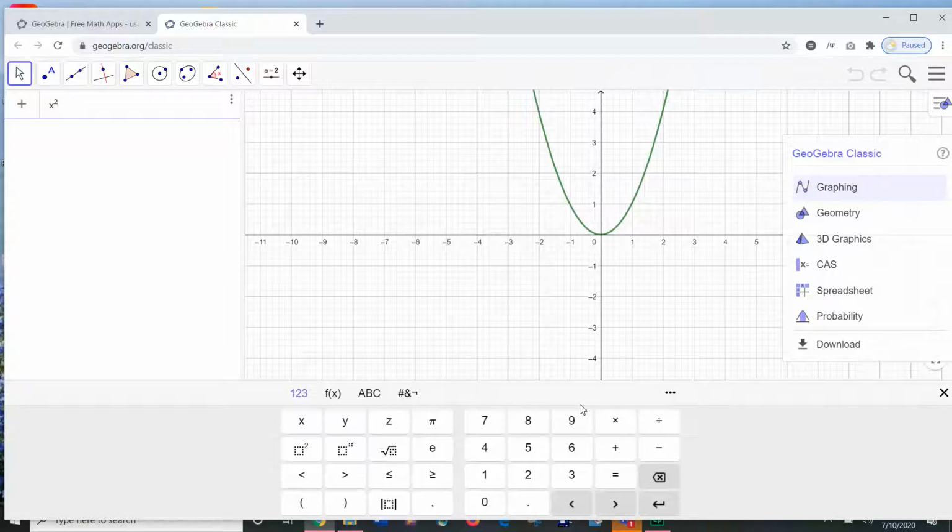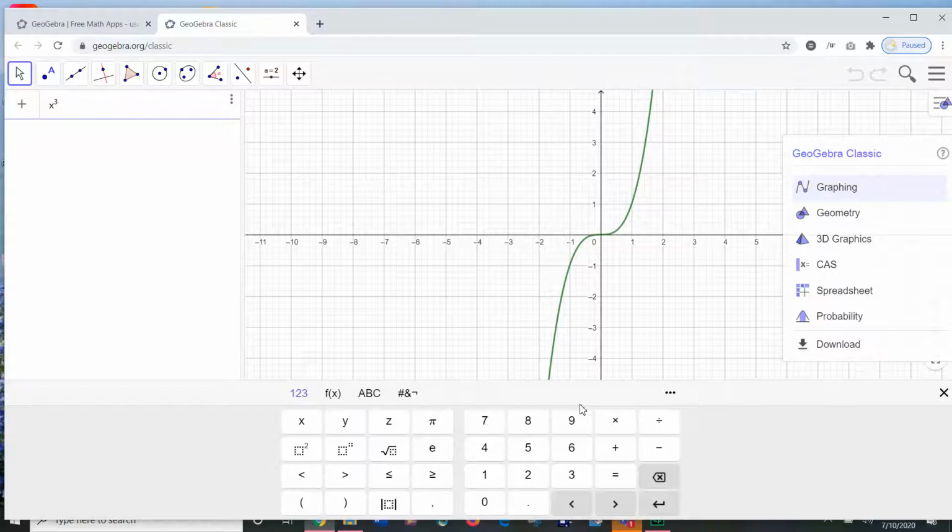Now, let's move on to the next one, and we'll do x to the exponent 3. Oh, this is another interesting one. How would we describe this? Well, we know that it's coming from the third quadrant. It's moving to the first quadrant, and it's passing through the origin.